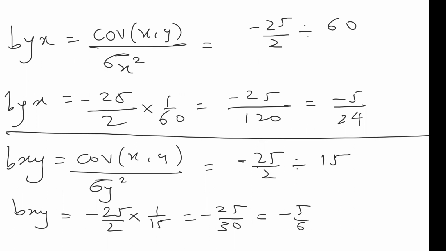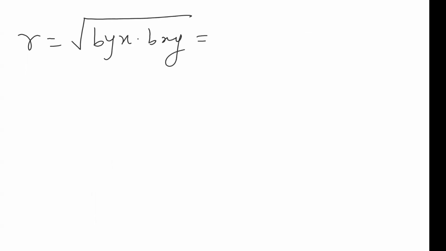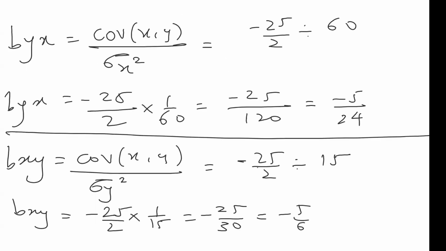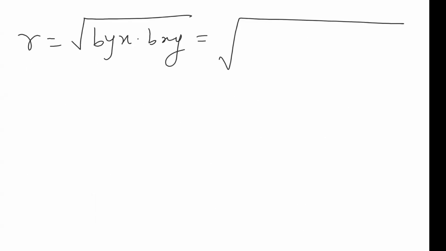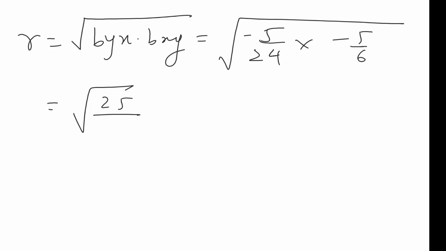Now we'll calculate the third part of the problem, the correlation coefficient. They are asking for the correlation coefficient, so r is equal to root of byx into bxy, that is minus 5 by 24 into minus 5 by 6. This is root of 25 upon 144, since 5 into 5 is 25 and 24 into 6 is 144.